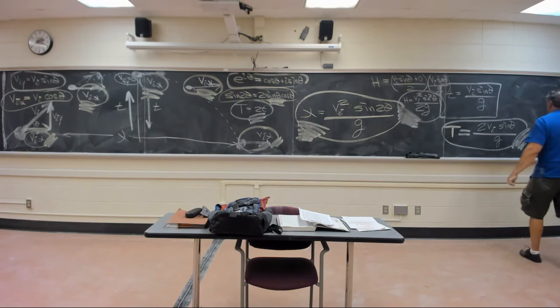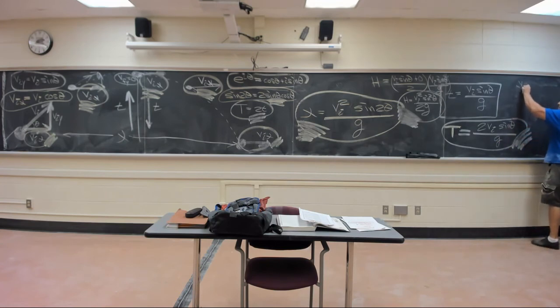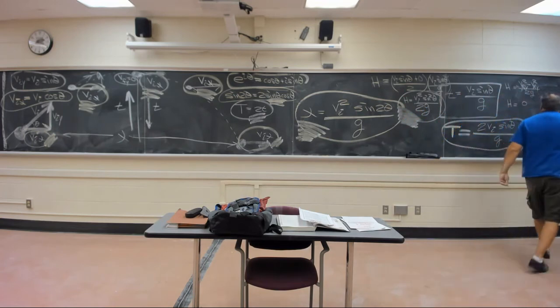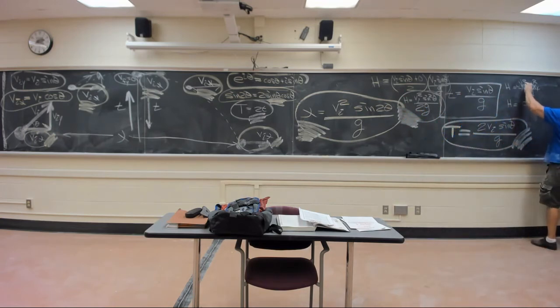Could you have done it another way? Yeah, sure. How about VF squared minus VI squared over 2g is going to be the height. How about this guy's 0, the final VFY. I can't remember which subscript I put first. It doesn't matter, guys, as long as you know what you're doing here. VFY squared minus VIY squared over 2g will get me there.